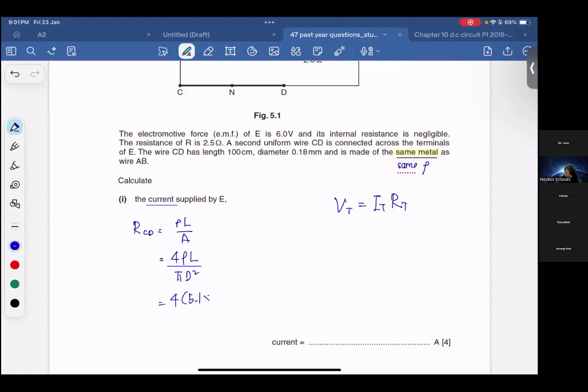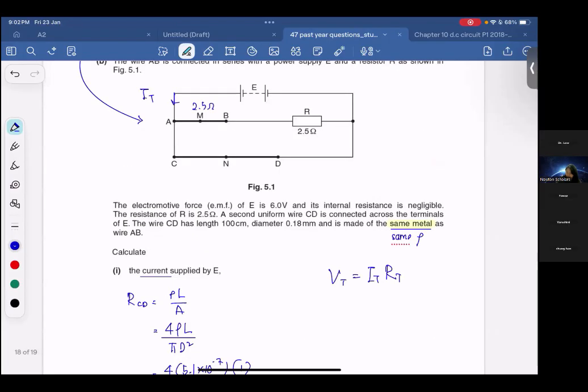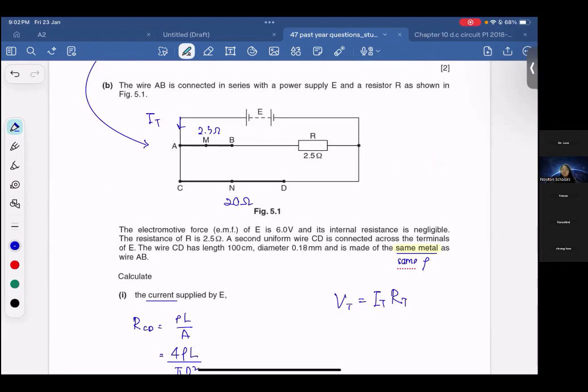Resistivity 5.1 times 10 power negative 7 times the length, 100 cm is 1 meter, divided by pi times d, which is 0.18 times 10 power of negative 3, squared. So the resistance for CD should be 20 ohm. From here, can you do the calculation to get your current?